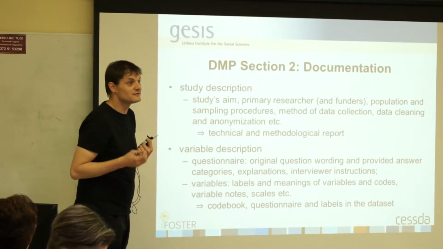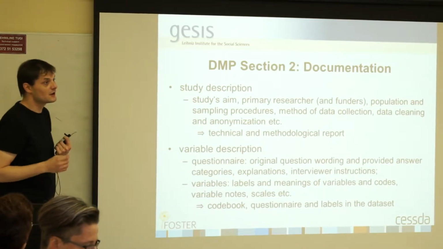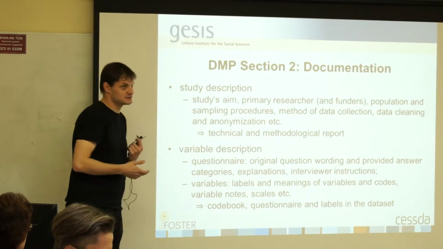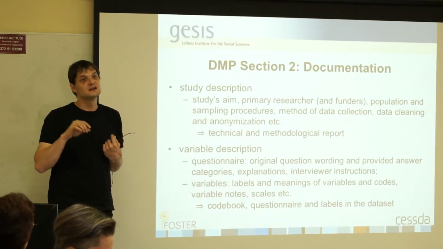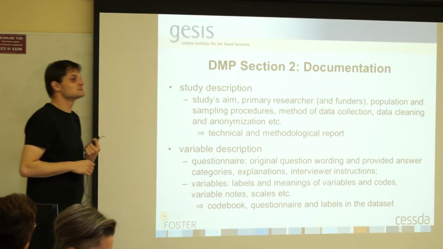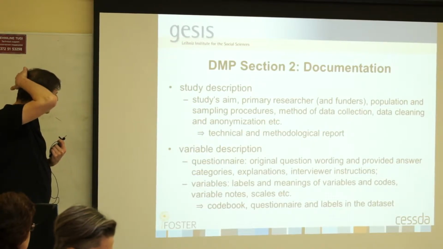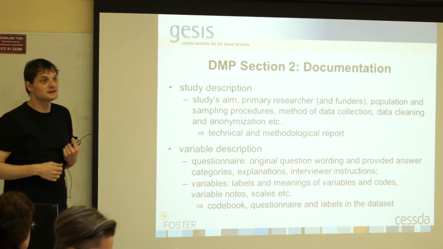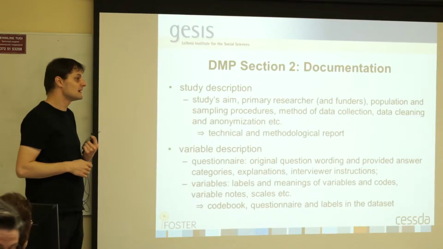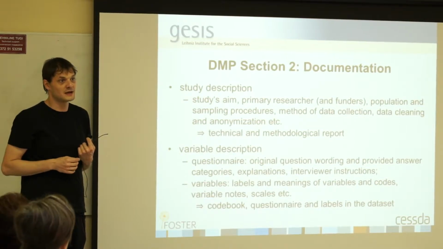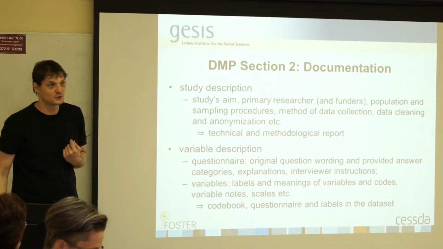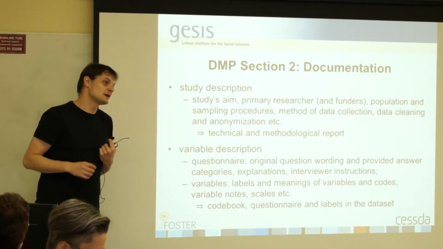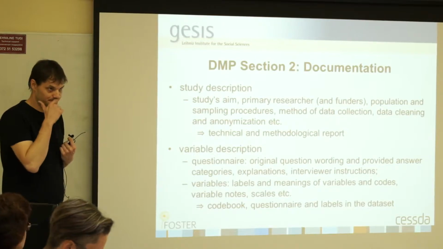So if you generate a variable out of different questions, a codebook is a nice place to explain how it is done: which categories from which question were used to generate a specific variable. In general, this is done in a codebook, which is also mainly freely written and not following standards. But once again, DDI also provides a standard to write a codebook and to provide the information at the right place in the right format.